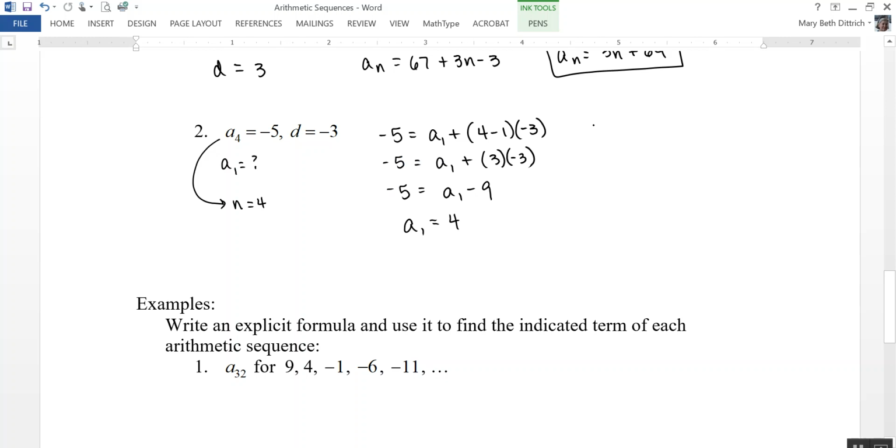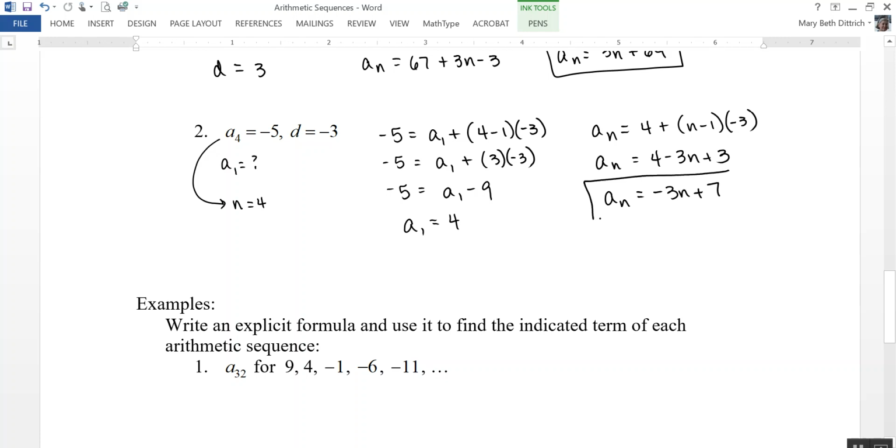Now I can write my formula, a sub n equals a sub 1 plus n minus 1 times d, and distributing, a sub n is equal to negative 3n plus 7.